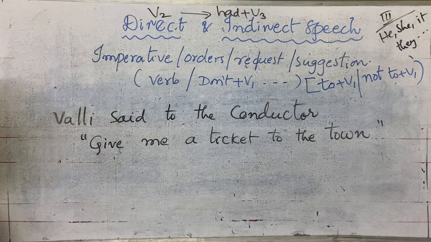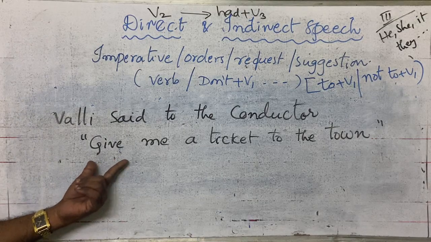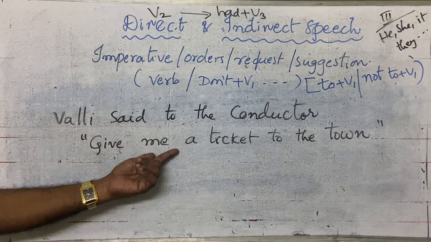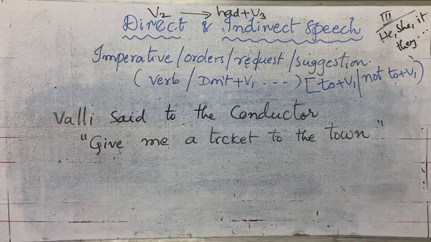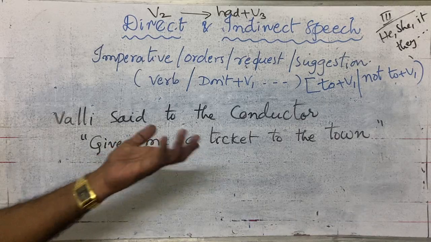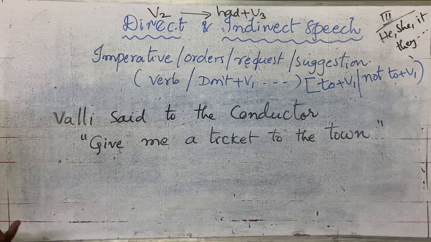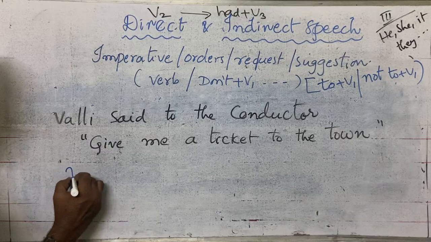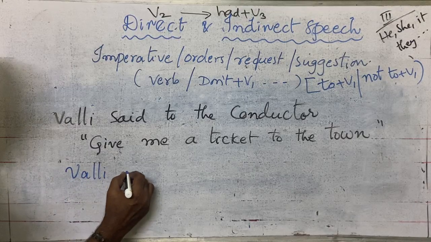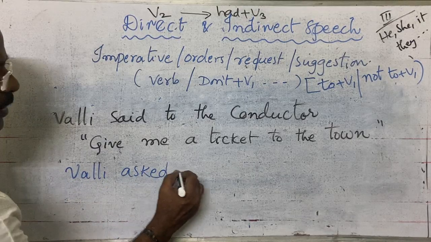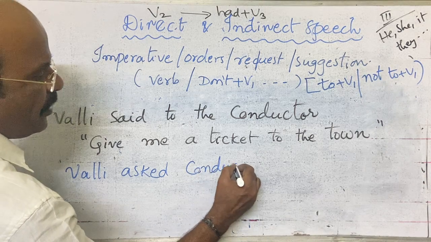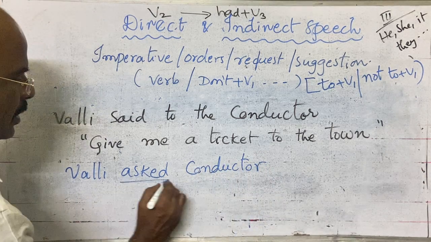Now I will explain. So here give means verb in the positive only. Here give me, so positive only, to plus give you are taking. Here only said to the conductor, that means she asked the conductor, or she told the conductor. Ticket means we are asking, so only asked the conductor. It will be different according to the sentence.